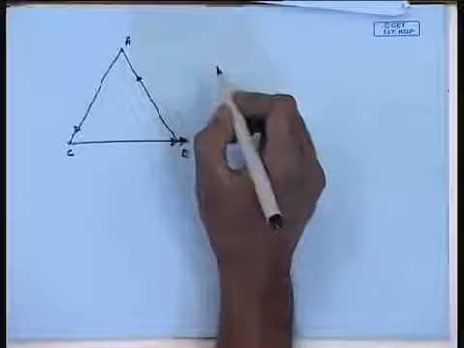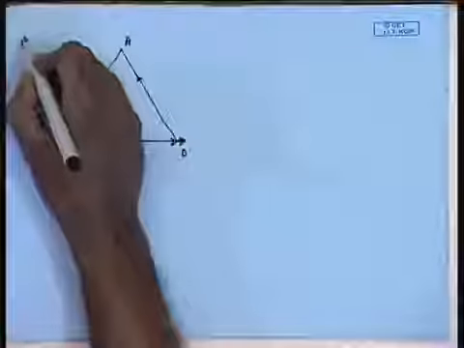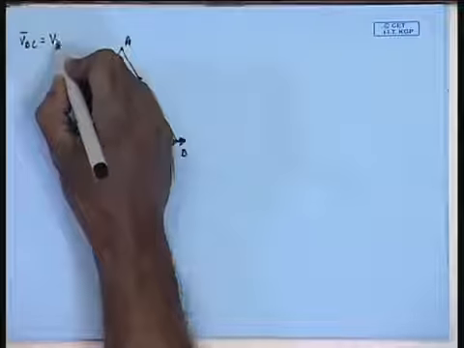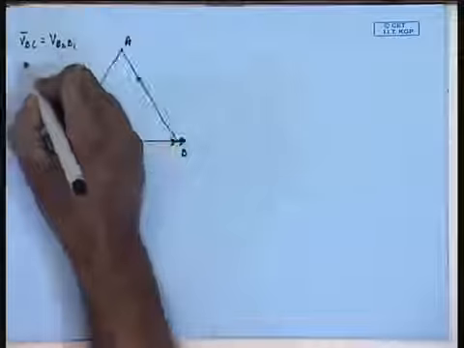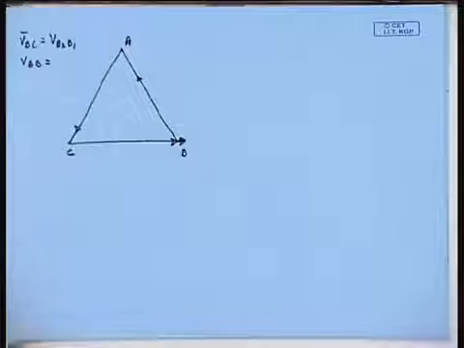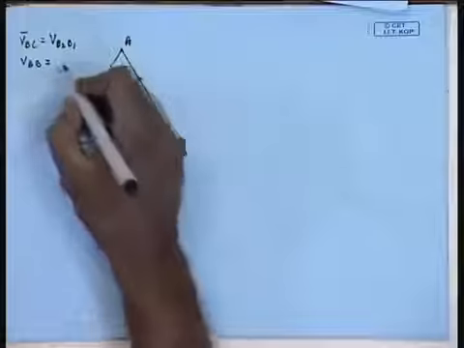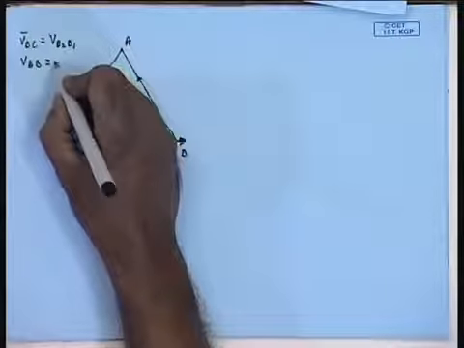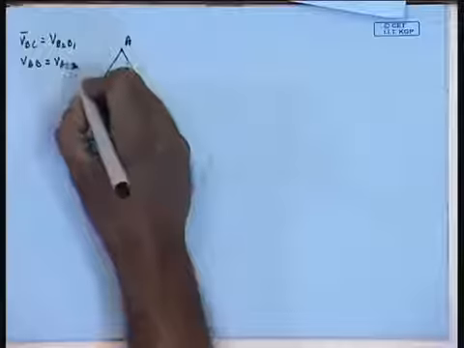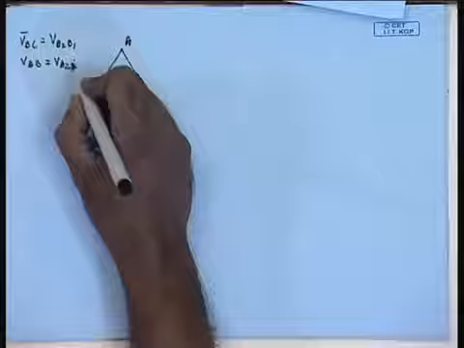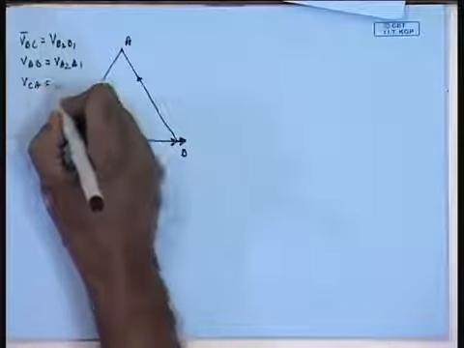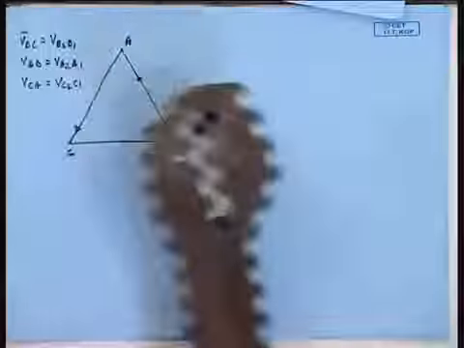So, here we have VBC equal to V B2 B1, VAB equal to V A2 A1, and VCA equal to V C2 C1.